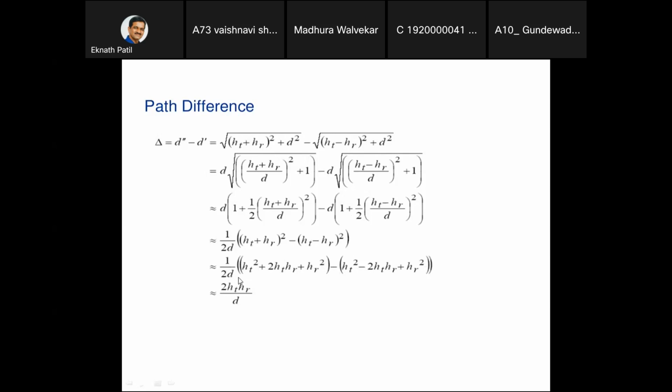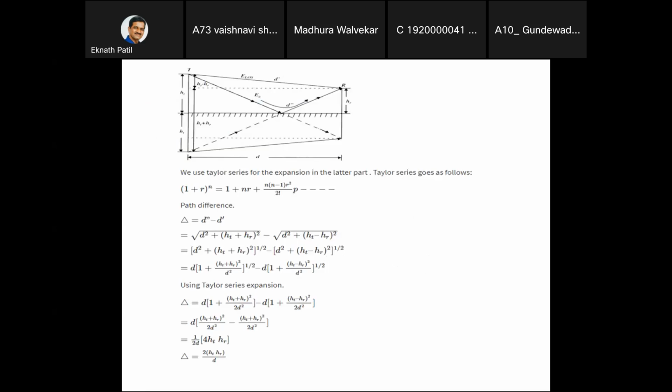Divided by 2D, so 2 HTHR divided by D is the path difference we are getting at the receiver mobile antenna. Okay, so here is the path difference they have shown.